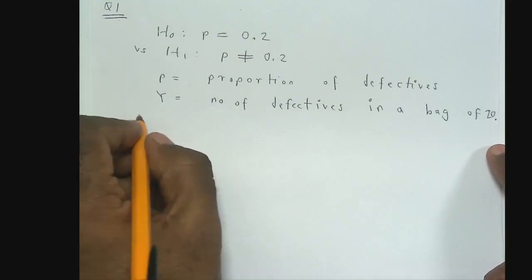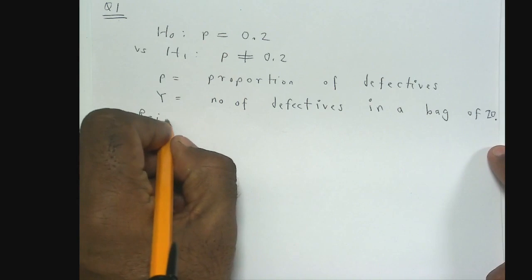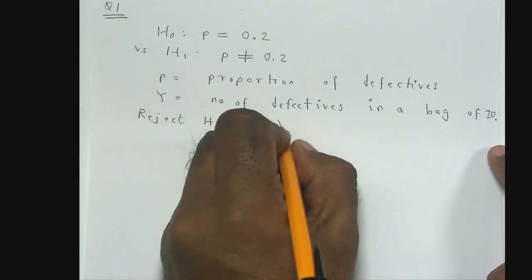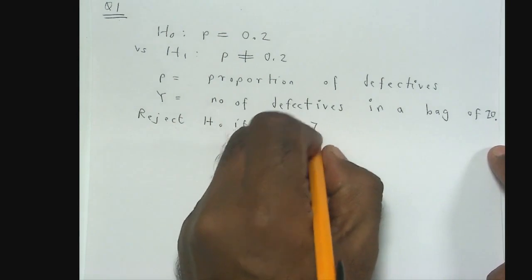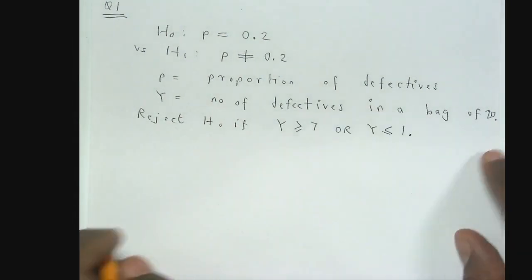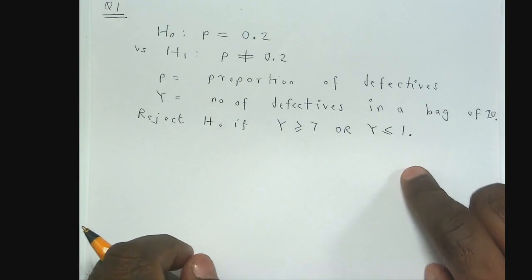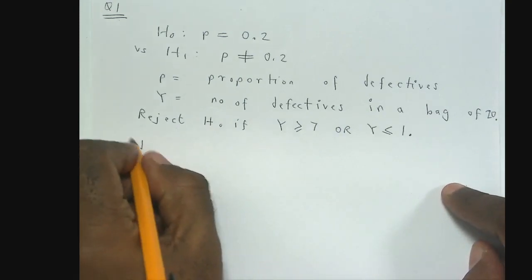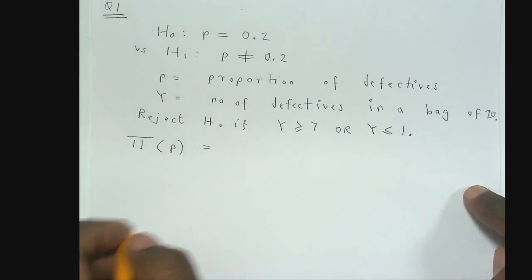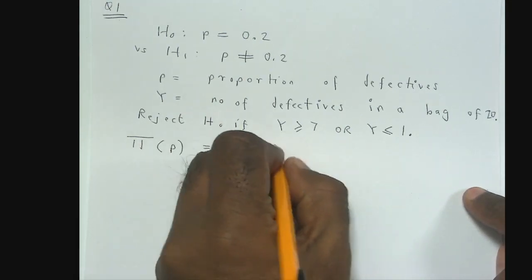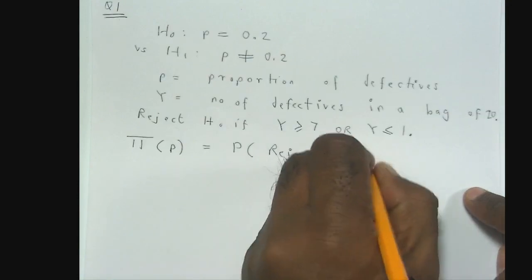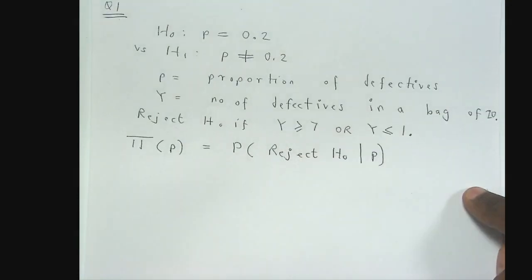Now you are told that we reject the null hypothesis if y is greater than or equal to 7 or y is less than or equal to 1. This is the rule that is given, all right? And you are asked to find the power function. Remember, the power function is defined as the probability of rejecting the null hypothesis given the value for p.